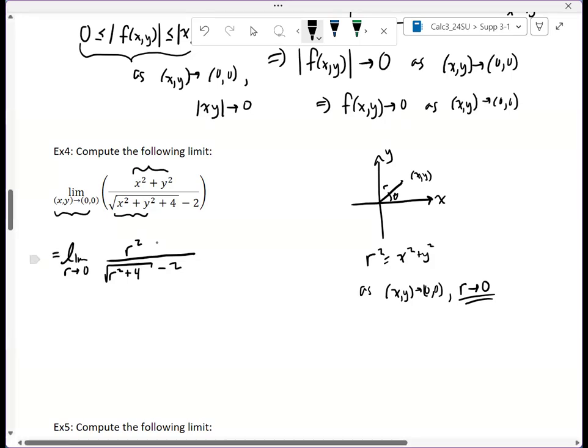I've used polar coordinates to kind of help me out, to help me visualize things, but I can see very clearly this works out algebraically as well. And this might be a type of limit that I recognize from Calc 1. I multiply by the square root of r squared plus 4 plus 2 in the numerator and denominator.